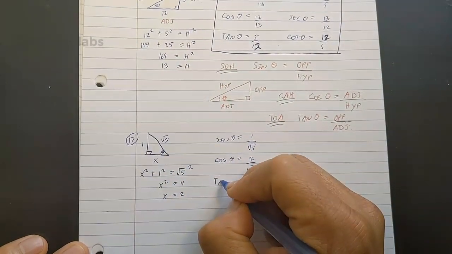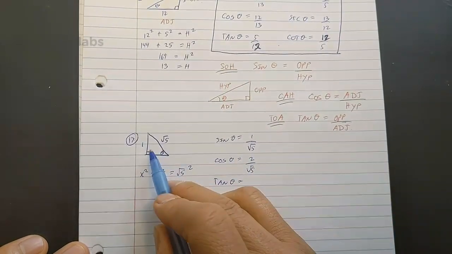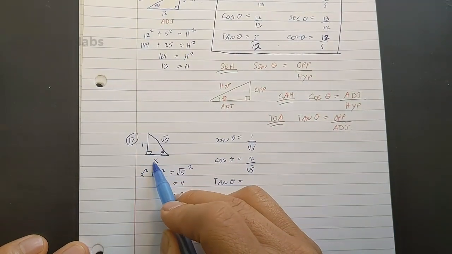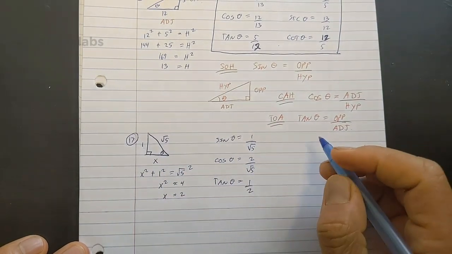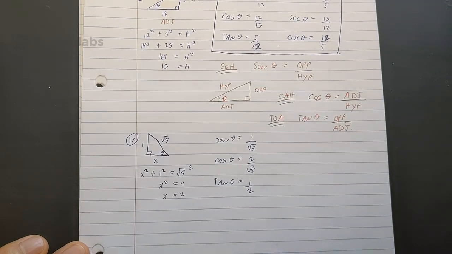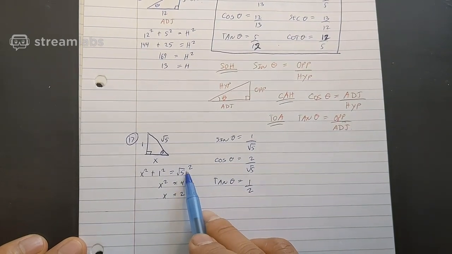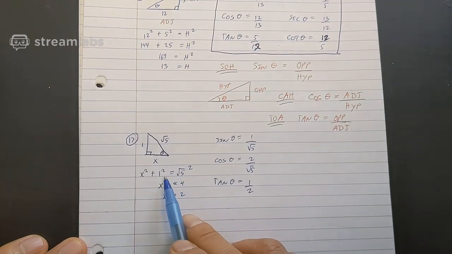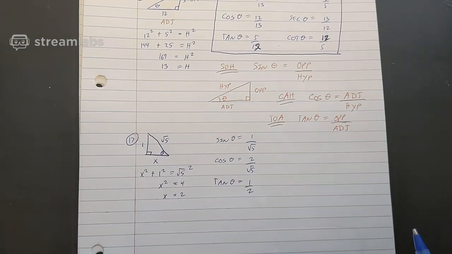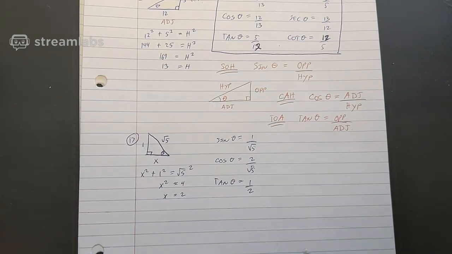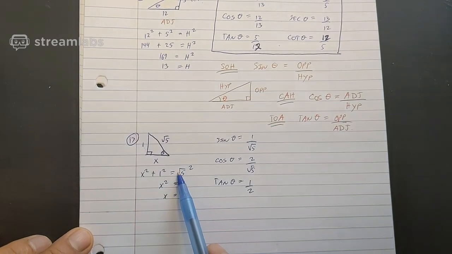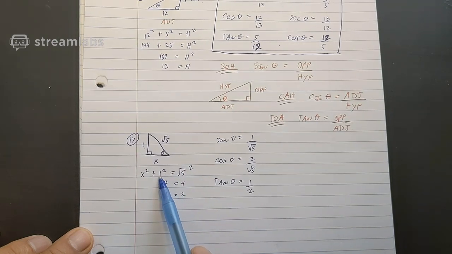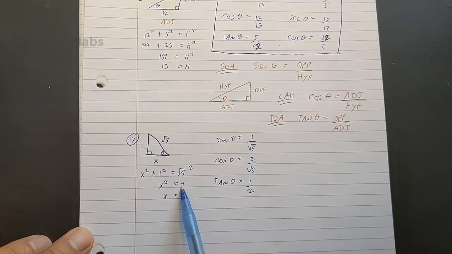And then tangent theta is equal to opposite over adjacent, so 1 over 2. Why 4? Oh, square root of 5 squared is 5. The square root cancels, so we have 5 minus 1, which is 4.